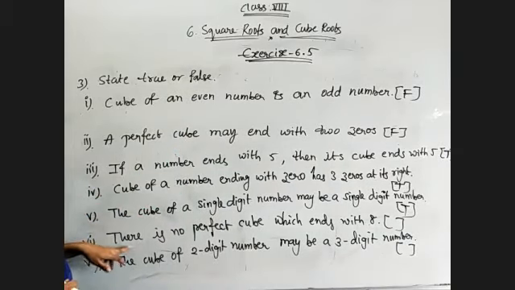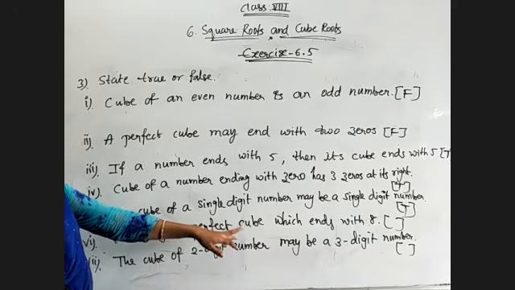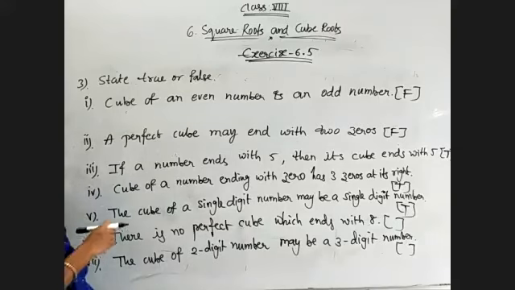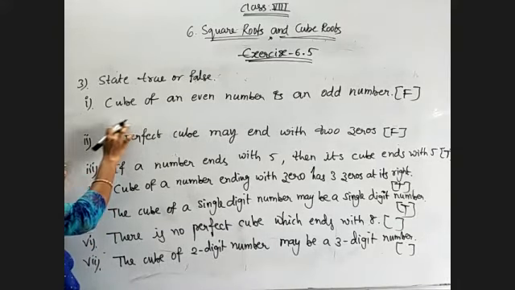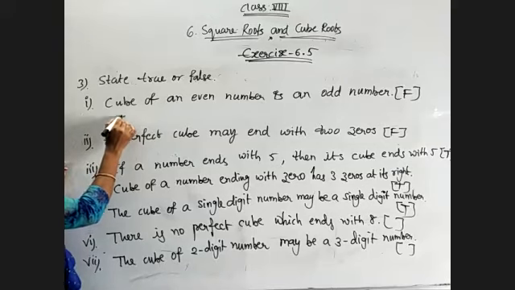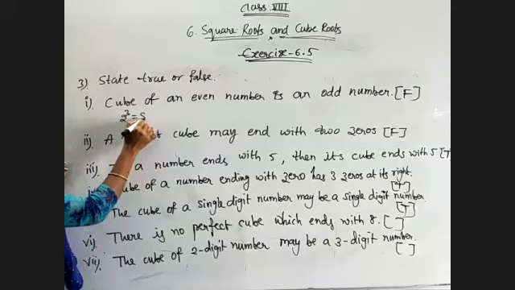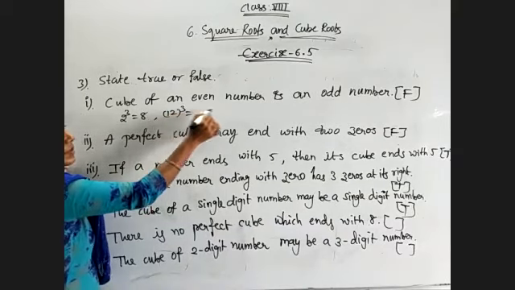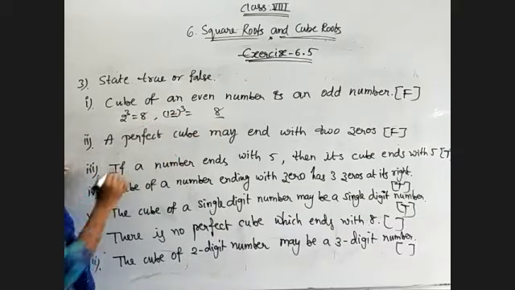And next, there is no perfect cube which ends with 8. So just observe this. 2 cube is equal to 8. Yes, 12 cube also, consider it. Compulsorily you will get 8 as the last digit, because 2 is there.